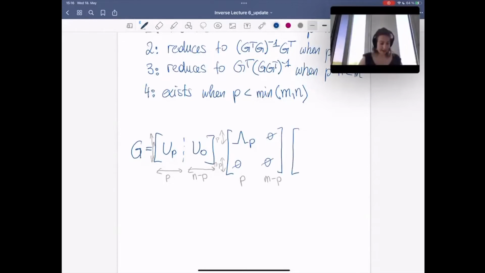This multiplied by V_p transpose, V_0 transpose. Again, this holds the entries for the eigenvalues with 0, which are 0. So we have here the dimensions p here, m minus p here, and m in x direction.